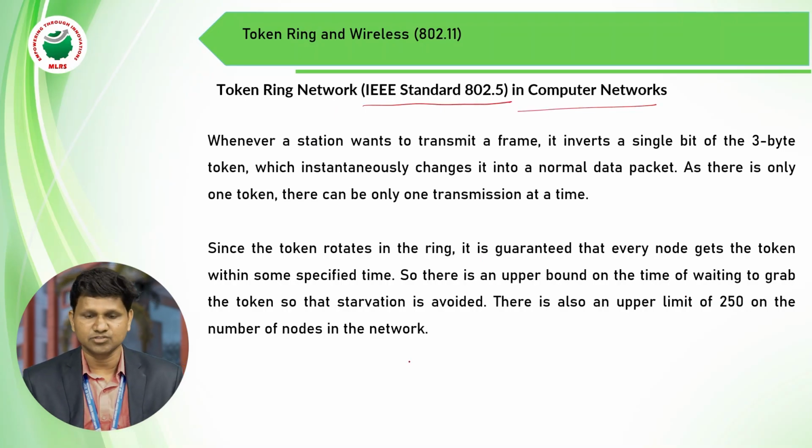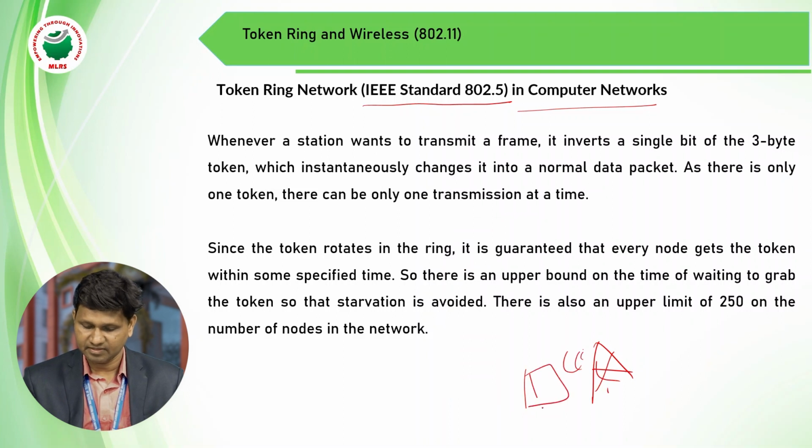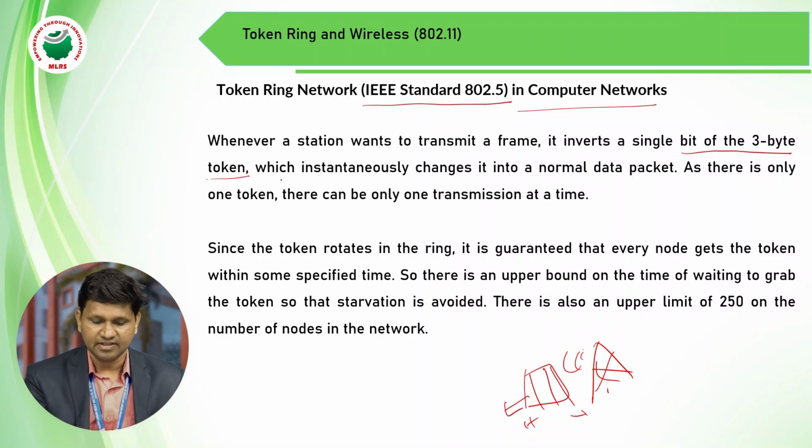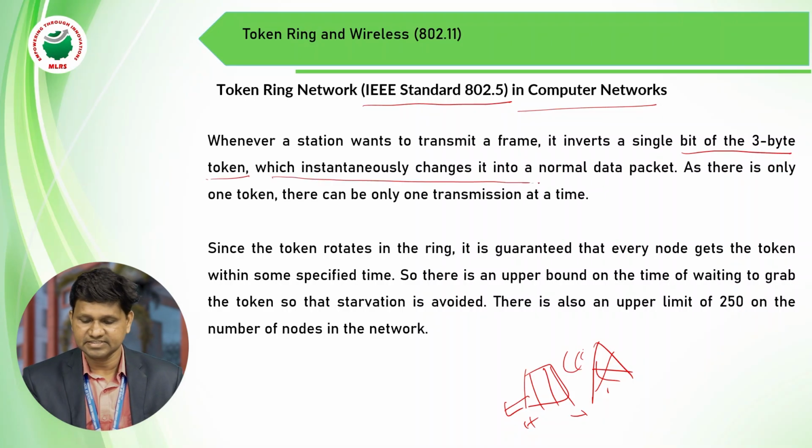Whenever a station wants to transmit a frame, in this case there is one header format and one tail format, also called the address, and the single-bit token of 3 bytes is instantly changed into a normal data packet, as there is only one token.